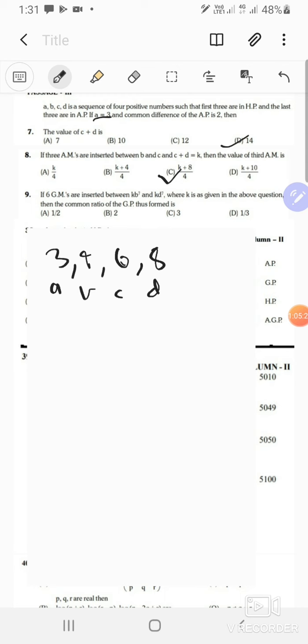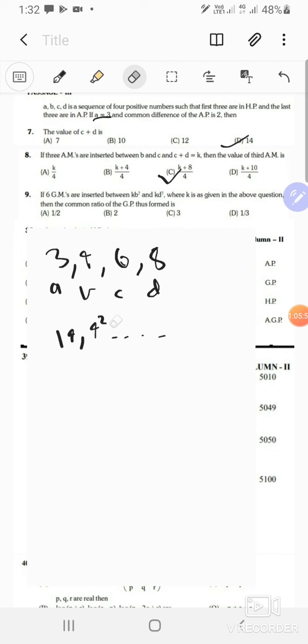Okay, so the next thing which we have to do is, if 6 GMs are inserted between kb squared and kd squared, where k is given in the above question, then the common ratio of the GP thus formed is... 6 GMs are inserted between kb squared, it's like 14 into 4 squared, and then you got 6 GMs, and then kd squared, wait, what?